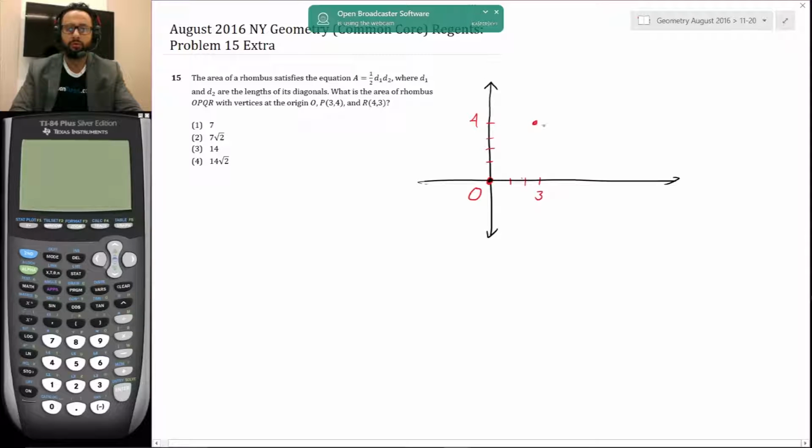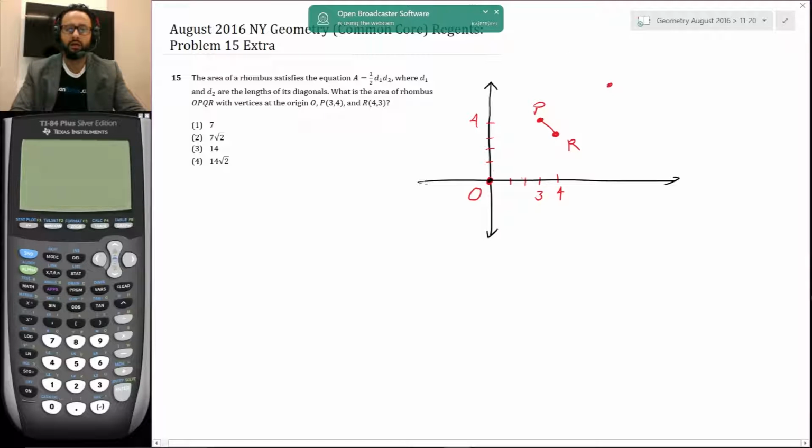There you go. Point Q, the point (4, 3). I'm sorry, this is P, this is R. So Q is somewhere around here. How do I know what it is? Because of the symmetry of the problem.